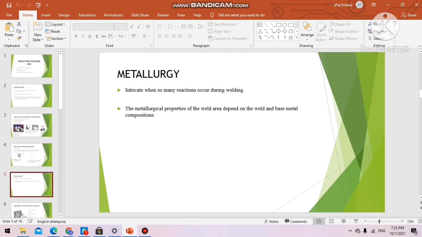For metallurgy, induction welding is complex because many reactions occur during welding. The metallurgical properties of the weld area depend on the weld and base metal composition.